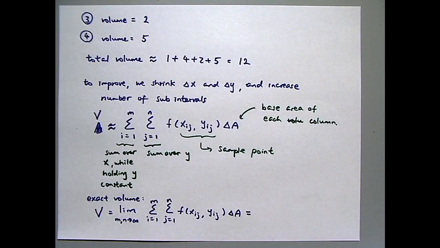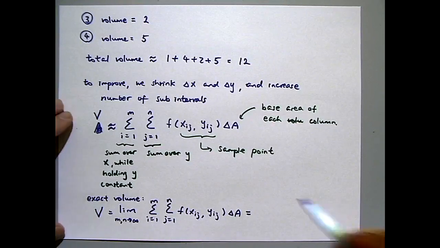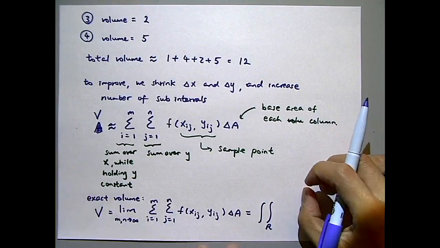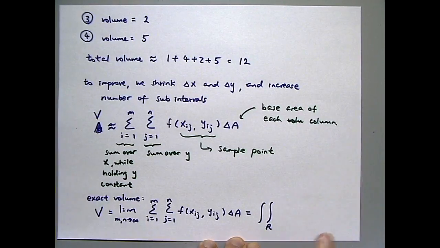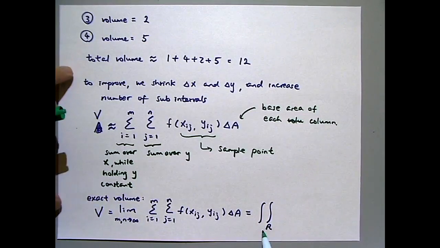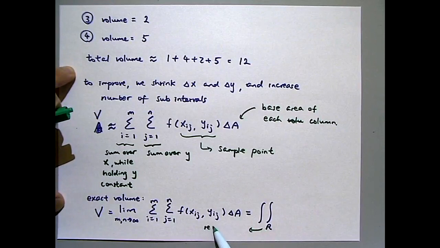And in the one variable case, once we apply the limit to the summation, that summation turns into an integration. Exactly the same thing here. This will turn into a double integration. So 2 integration symbols, and underneath this R, this is the region the surface is over.